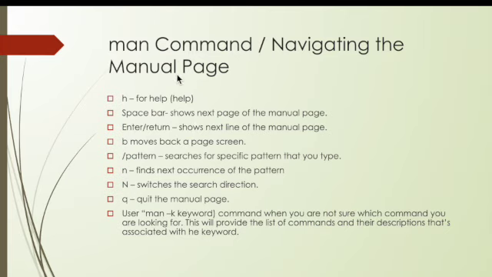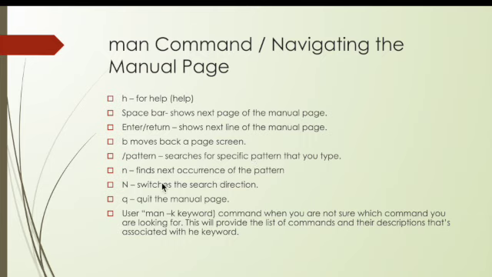You can use these keys to navigate through the page. Press h for help. Press the spacebar to show the next page, or press enter to go down a single line. Press b to move back one page. Then you can type a slash and a pattern, which searches for the specific pattern that you type.